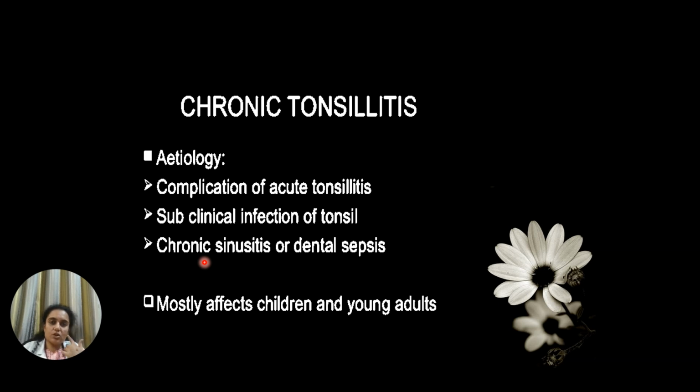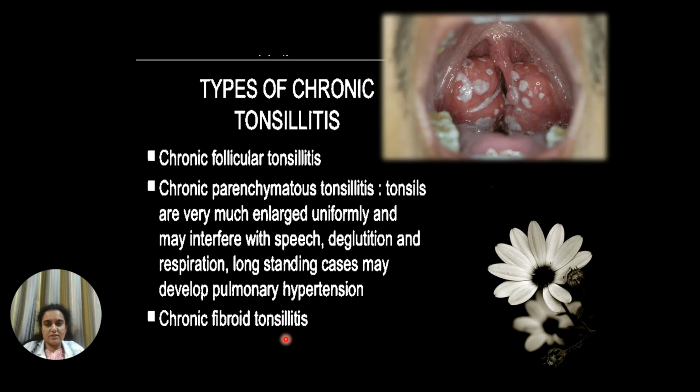All this can lead to chronic infections of the tonsils, mostly affecting children and young adults. The different types of chronic tonsillitis are chronic follicular tonsillitis, chronic parenchymatous tonsillitis, and chronic fibroid tonsillitis.